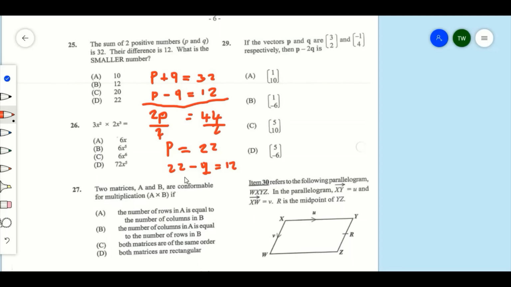So therefore, Q is going to equal 22 minus 12, which is going to give us 10. So Q is equal to 10.